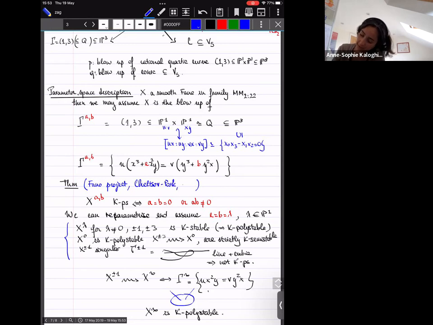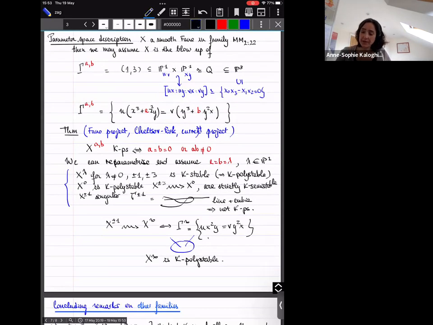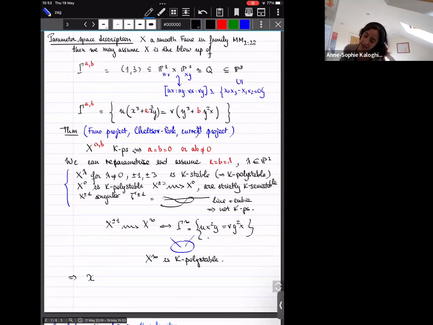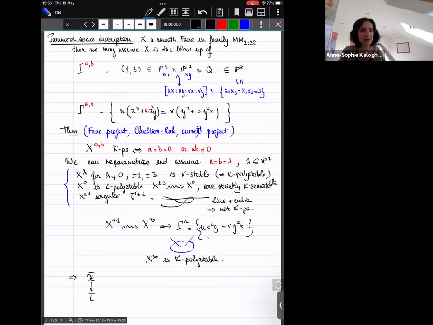And the rest is the current project, the current collaboration. Okay, so here what we have is again a compactification of my family, X bar over C bar.